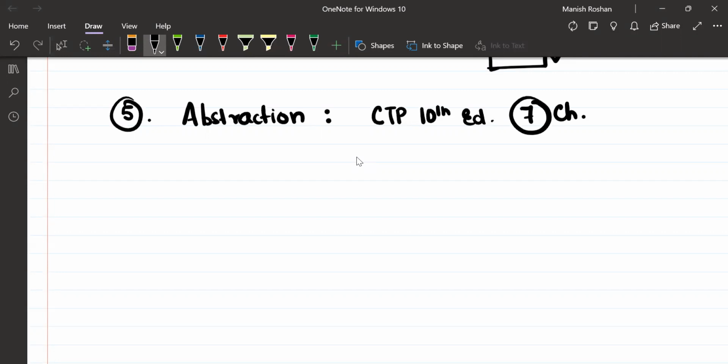Here I'll be giving you the important keywords that have been mentioned in the definition. What are they?